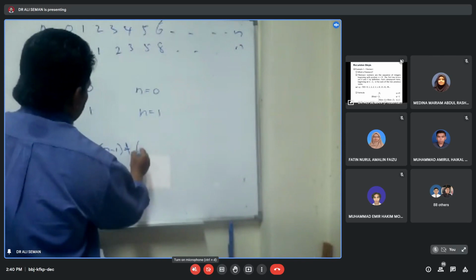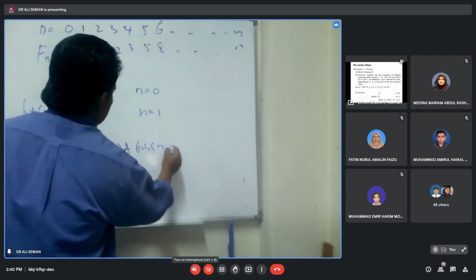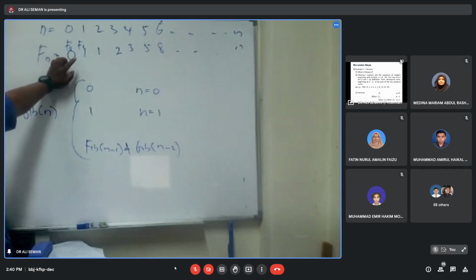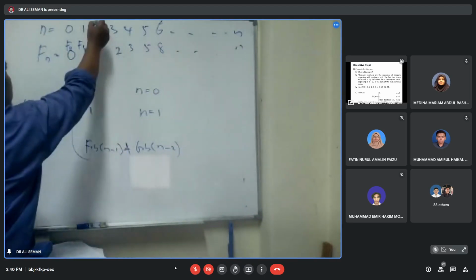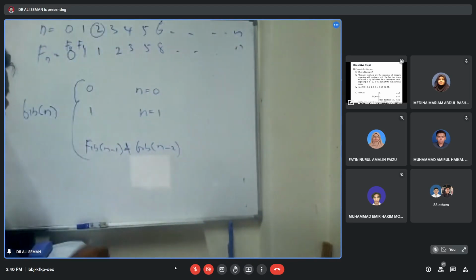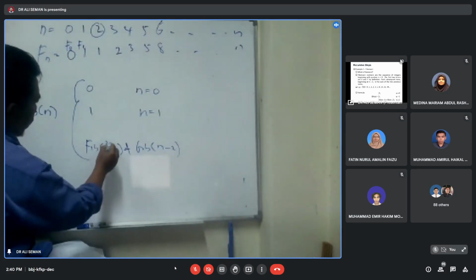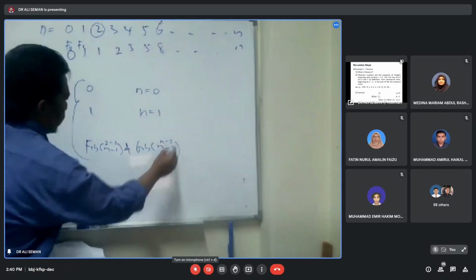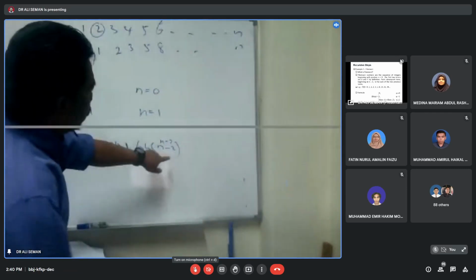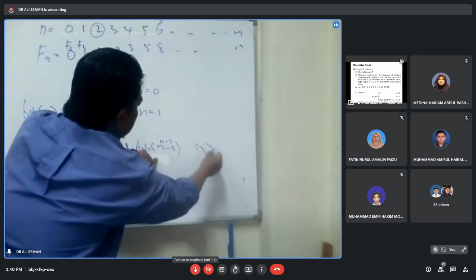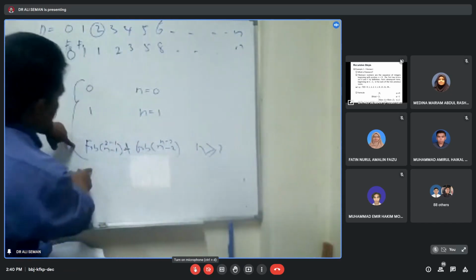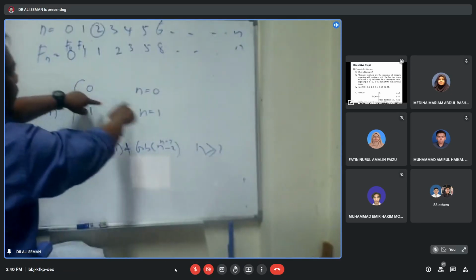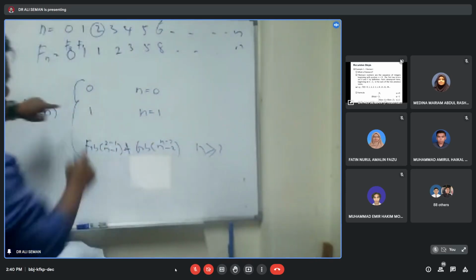Let's say we take n equal to 2. So 2 minus 1 and 2 minus 2, because n is greater than or equal to 2, so we apply this condition. If n is 0 or 1, that is automatically the return value.